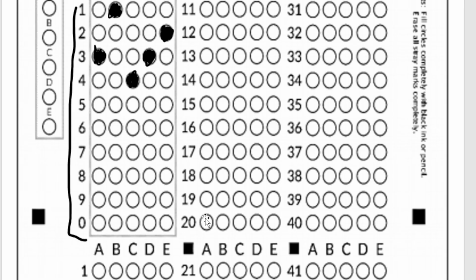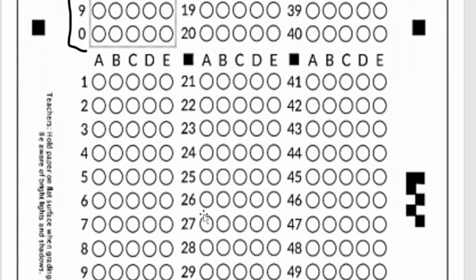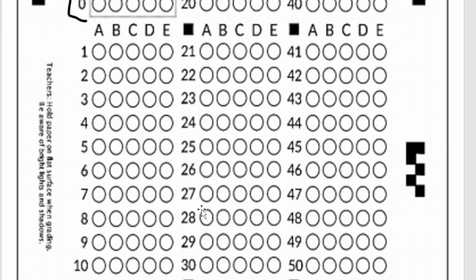So how to do it in our Zipgrade? Let's say that number 1 is C, so we are going to shade the C here. Number 2 is also C, so we shade it here.